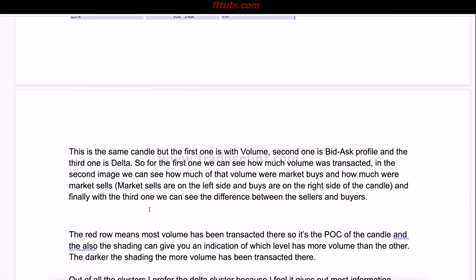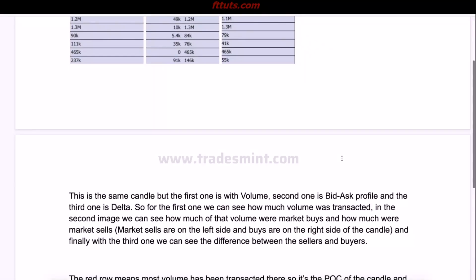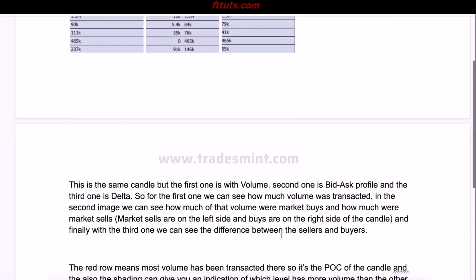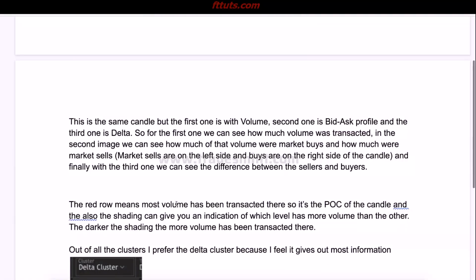For the first candle, we just see how much volume was transacted. In the second candle, we see buys versus sells. In the third candle, we see the delta. Okay, this is the difference between buyers and sellers. The red row, the red tick, is the point of control in the candle.